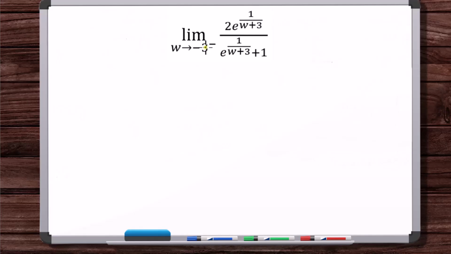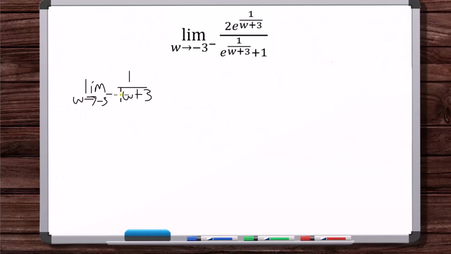Now, since we're approaching minus 3 from the left, we can think about what is the limit as w approaches minus 3 from the left of 1 over w plus 3. So from the left of minus 3, you've got minus 3.0001, minus 3.000001, and so on.